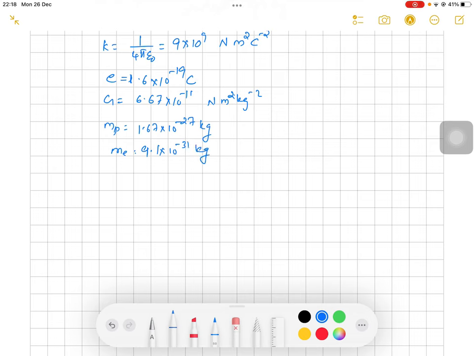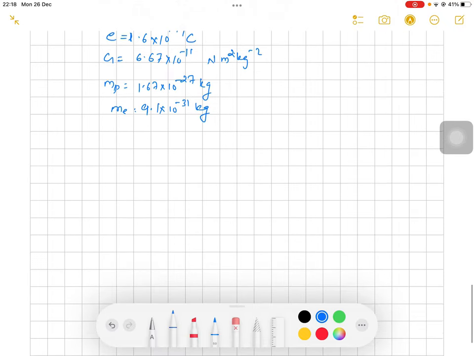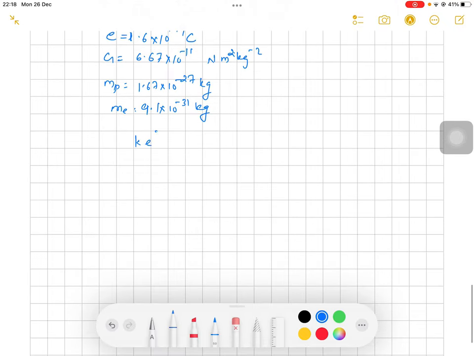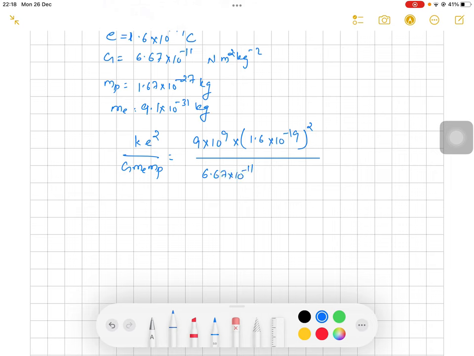Now we have to substitute all these values in the expression. In ke² by G me mp, instead of K put 9 into 10 raised to 9, e square is the square of 1.6 into 10 raised to minus 19, G is 6.67 into 10 to the power minus 11, the mass of electron is 9.1 into 10 to the power minus 31, and the mass of proton is 1.67 into 10 to the minus 27.